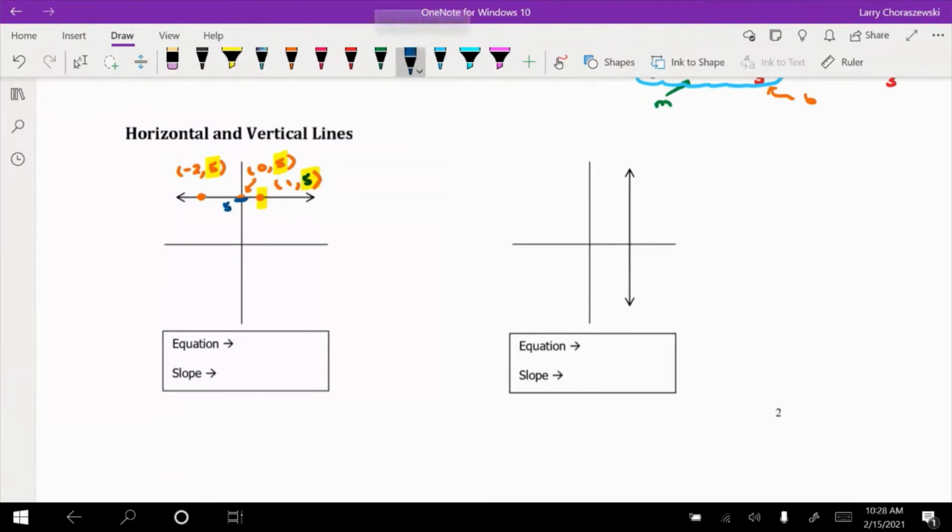In fact, that is the equation for this line, y equals 5. In general, the equation for a horizontal line is always going to be y equals some number b, and it's not just any random number. This b is the value of the y-intercept.